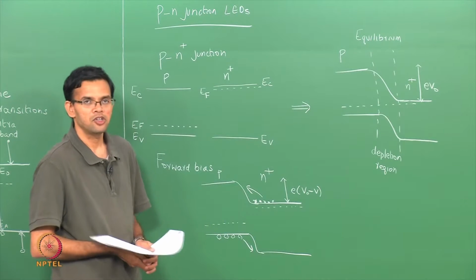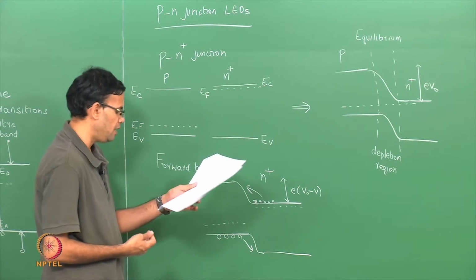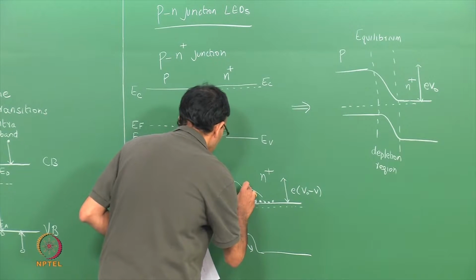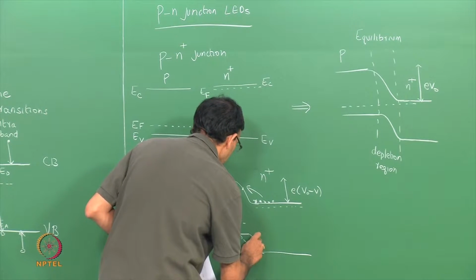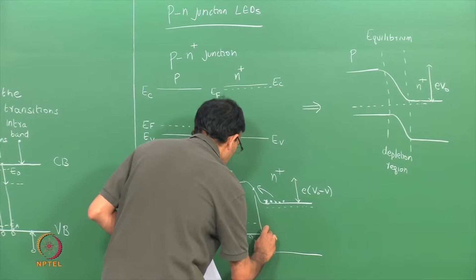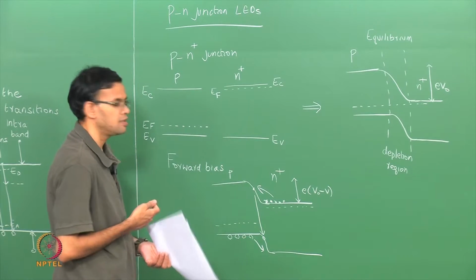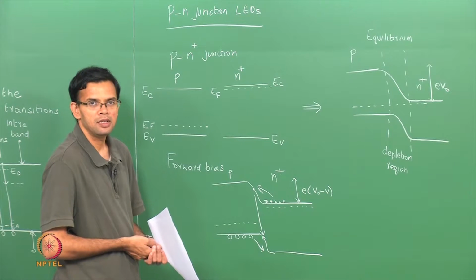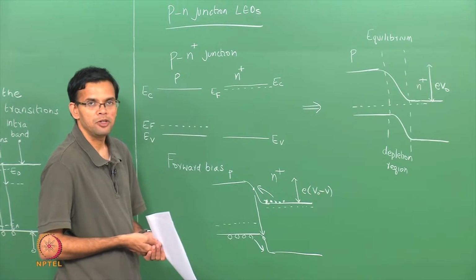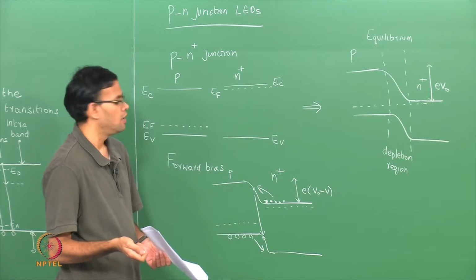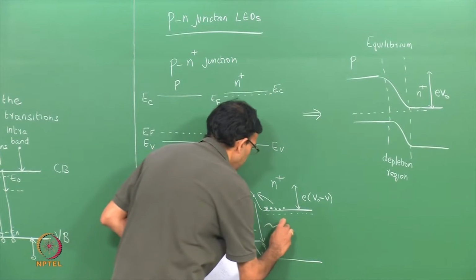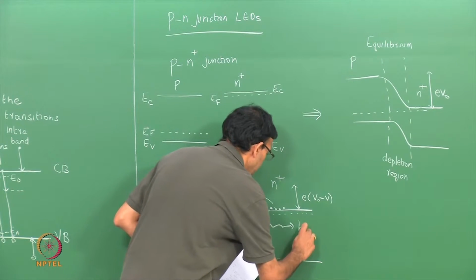So, these electrons and holes can recombine in the depletion region. So, if I have an electron here and I have a hole here, the electron and hole can recombine. If your material is a direct band gap material, then this recombination will dominantly produce light, and the energy of the light is just given by the band gap.